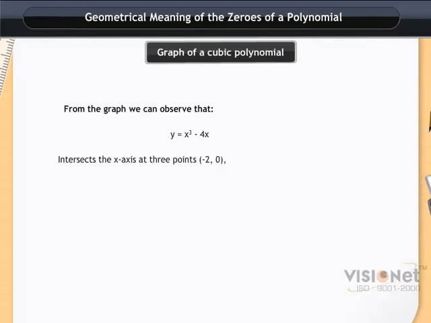We get the graph for the cubic polynomial, and from the graph we can observe that y is equal to x cubed minus 4x intersects the x-axis at 3 points, -2, 0, 0, 0 and 2, 0. Hence -2, 0, 2 are three distinct real zeros of this polynomial.